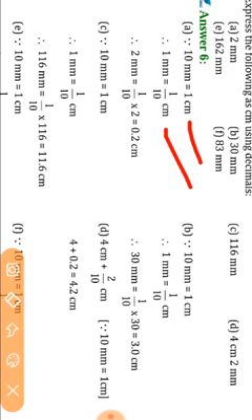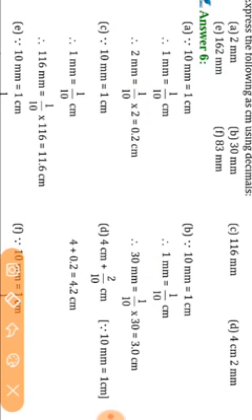So we need 2 millimeter, means multiply with 2. So 1 by 10 into 2, because 2 millimeter we need. So 1 into 2 is 2. 2 by 10 is 0.2.